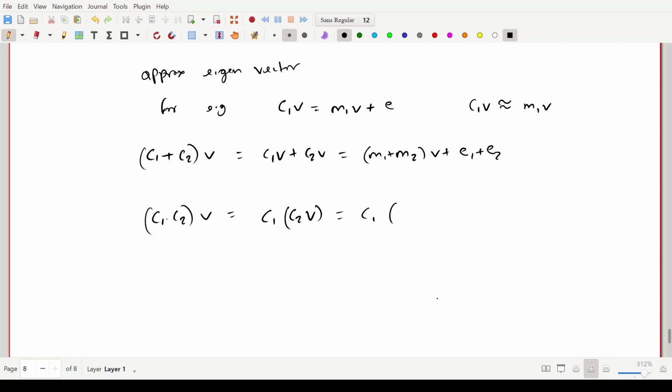It will be M2V plus some error E2. Correct. Now if you multiply with C1, you will be left with M1 M2V plus M2E1 plus C1 into E2.